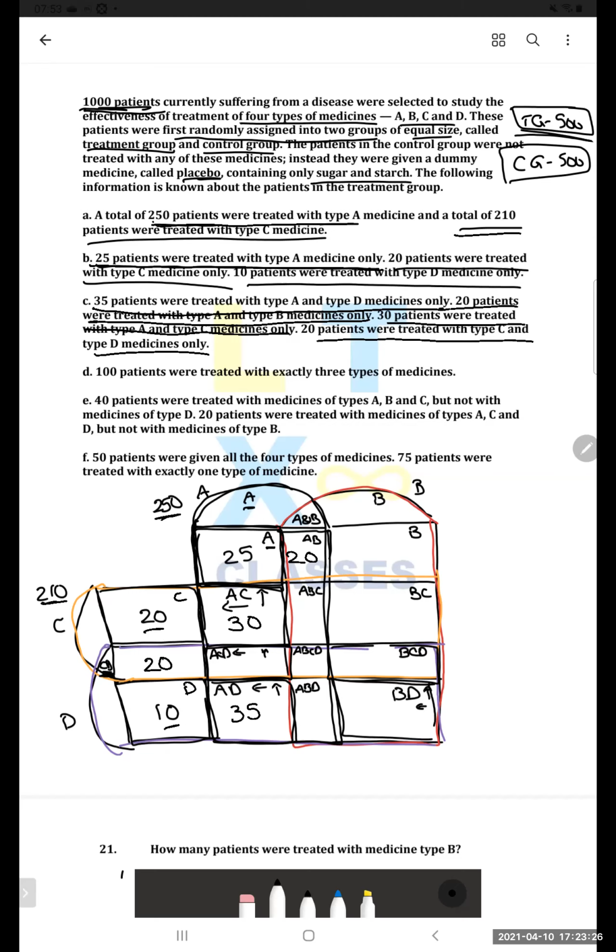Correct. Anything else that we know? We captured everything. Okay. 100 patients were treated with 3 types of medicines. So now what are those 3 types of medicines? It could be ABC, ACD, ABD, BCD. Correct?